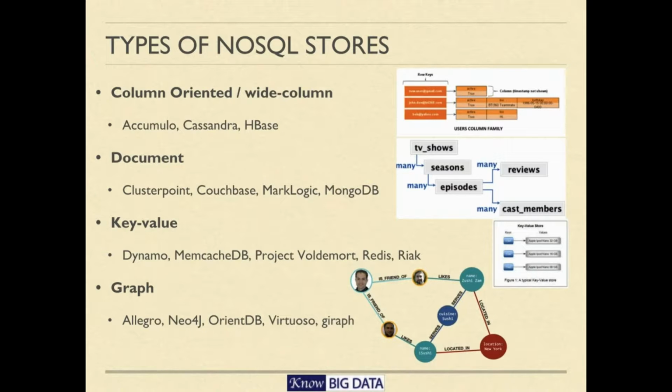The third is the key-value kind of store. Key-value is the most basic store, whereby you store the data in the form of two columns, the key and the value. These are the most primitive ones, and they have been upgraded such that the value can be a complex object.